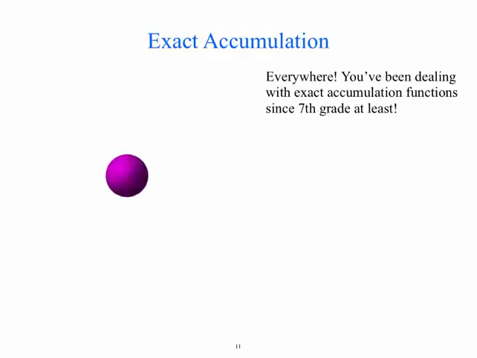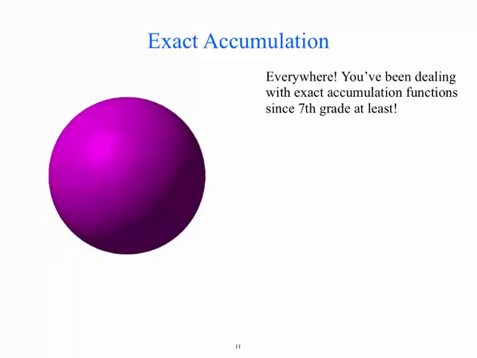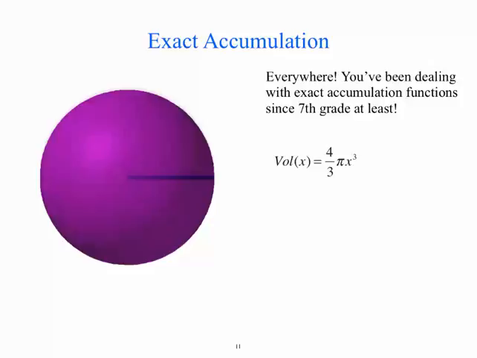Okay, another example: the volume of a sphere. We can think about the volume accumulating as the radius grows. We know that given any radius, this is the volume of a sphere. But now we can think of that also as the accumulation at a certain rate, so it accumulated at a certain rate in order to give us some total amount.